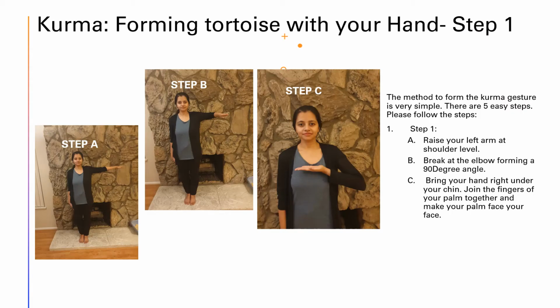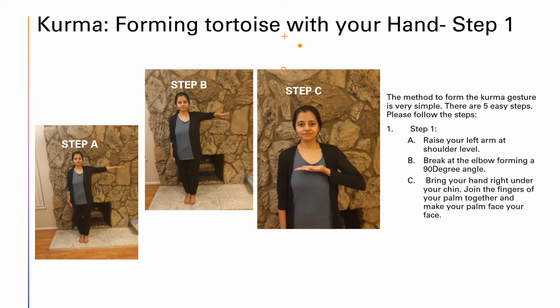Now, forming it with your hands. This is step 1. It has 3 steps, A, B, and C. You have already done steps A and B while you were learning about the hare. So it should be easier for you. Okay. So step A is raise your left arm at the shoulder level so that again the entire hand is in a horizontal straight line.